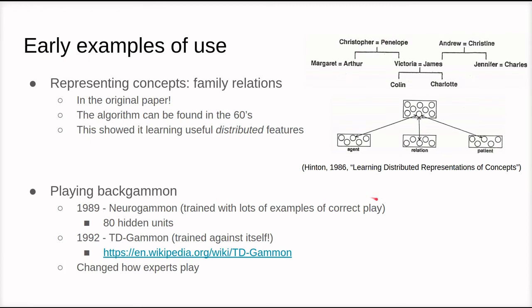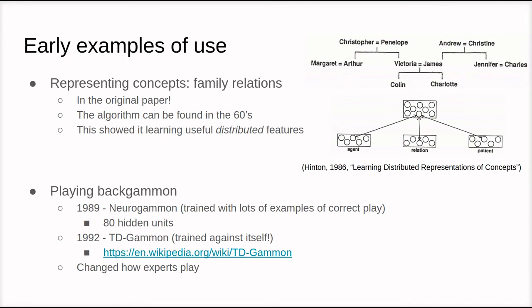And this result shows the benefits of using distributed features to do this kind of learning. And we'll get more into distributed versus dense features in the next lecture. But this is an algorithm that could originally be found in the 1960s, but we're learning this structure and we're learning to predict the relationship between individuals very early on.